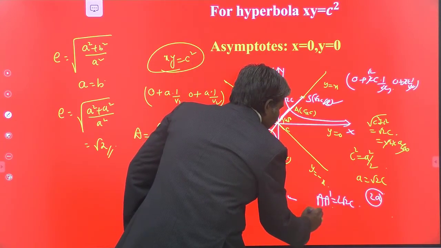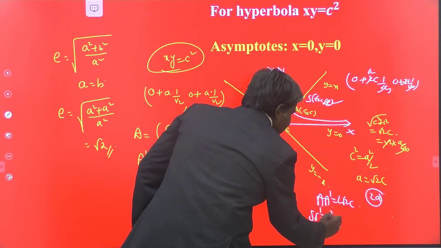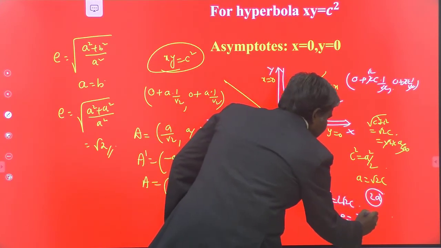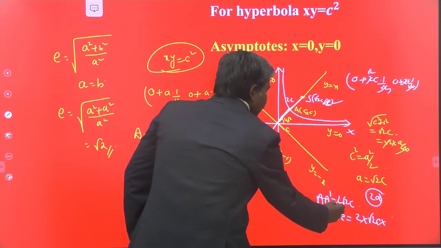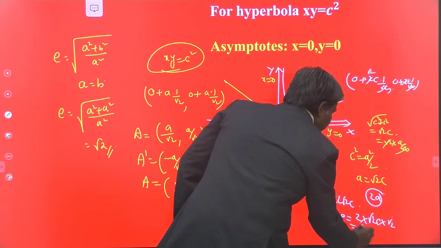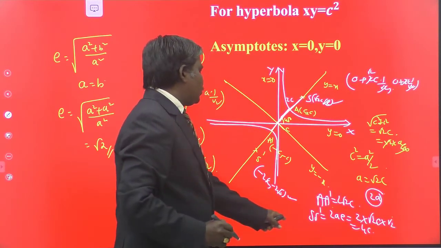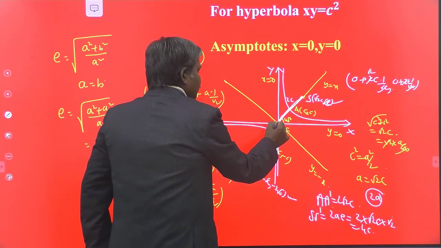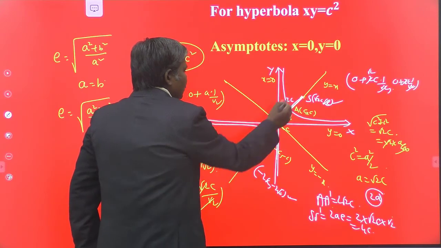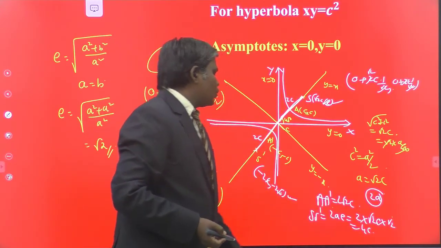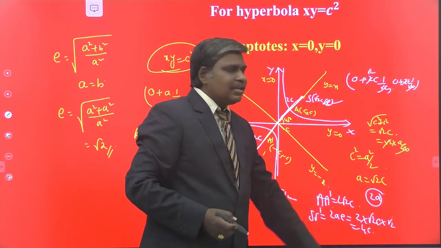The distance between two foci, SS dash, is equal to 2ae. That is nothing but 2 into A, which is root 2c, into E, which is root 2. That is nothing but 4c. So the distance between the two foci SS dash is equal to 4c. Because here to here is 2c, here to here is also 2c. 2c plus 2c, 4c. So AA dash is 2 root 2c and SS dash is 4c.